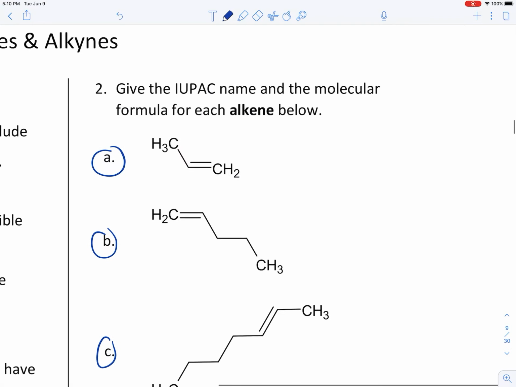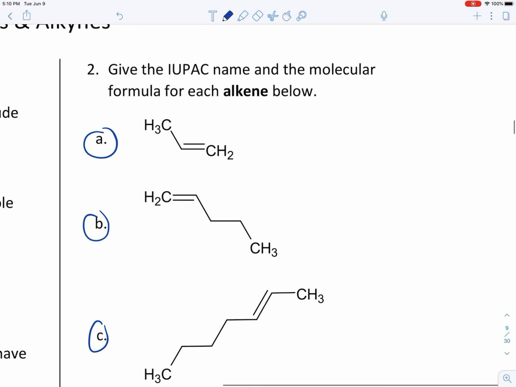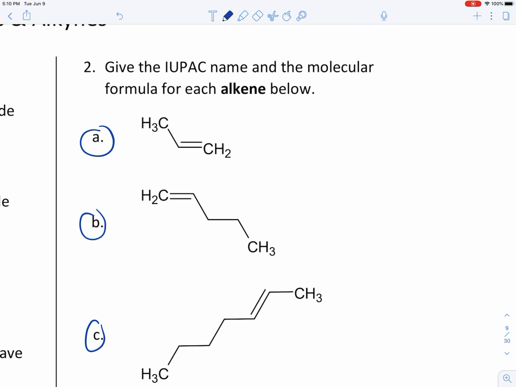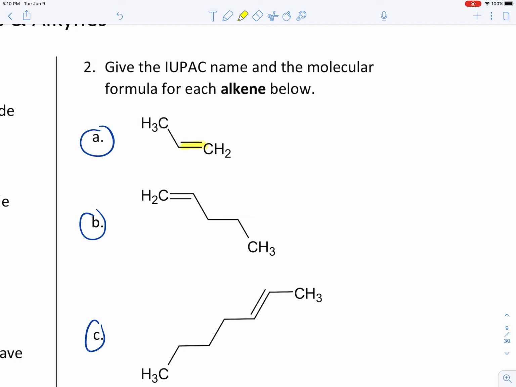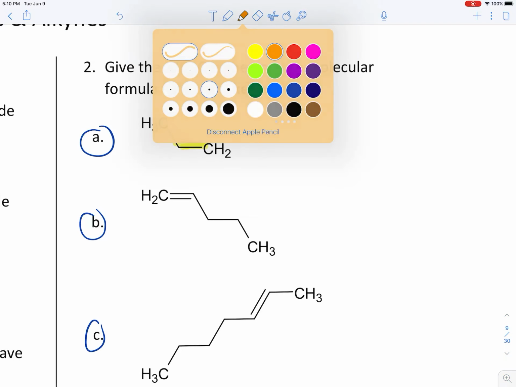All right, some nomenclature. We're going to try to name these alkenes, and we'll write the molecular formula down as well. So we know it's an alkene because we see a double bond in the molecular structure. In the bond line formula, we have a double bond here.